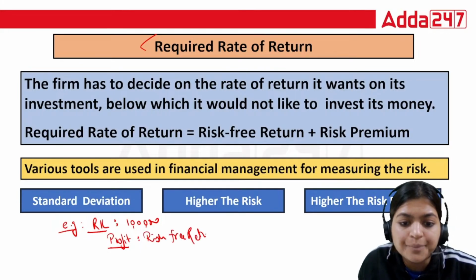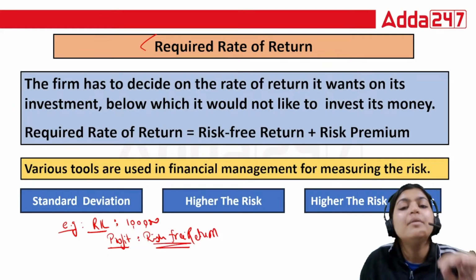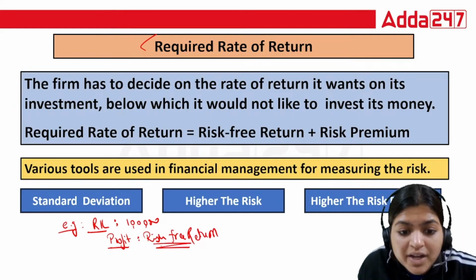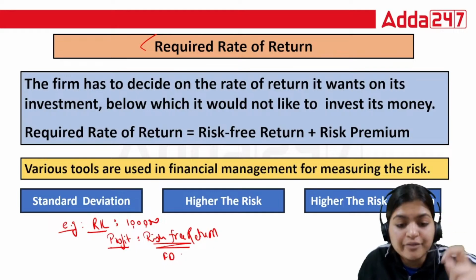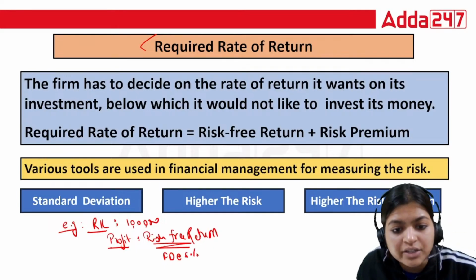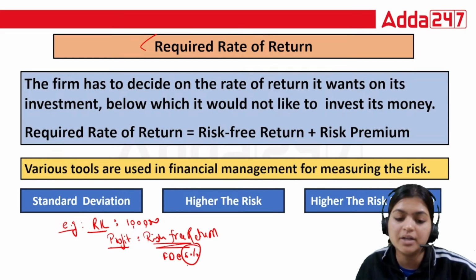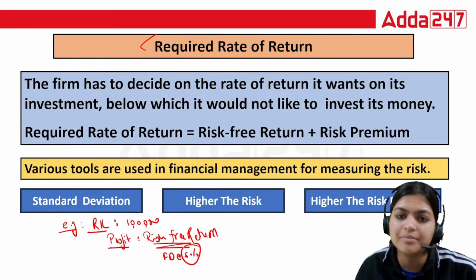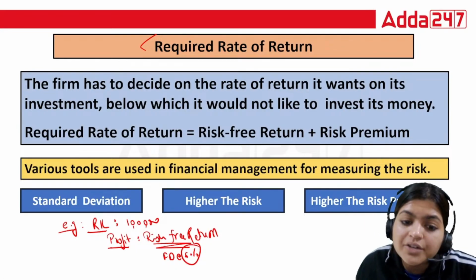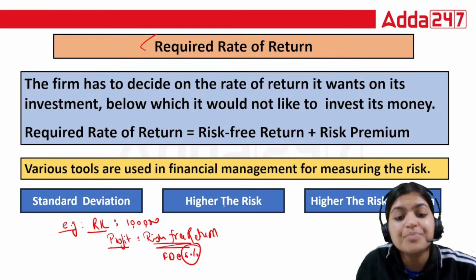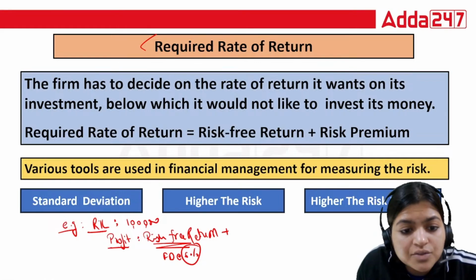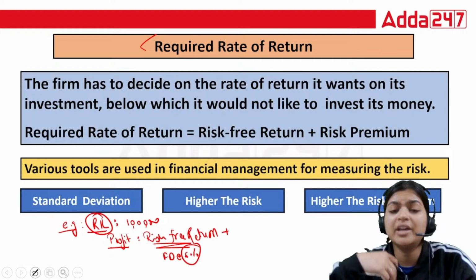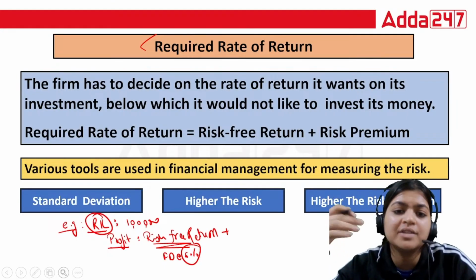Risk free return means what? If I invest this 1 lakh in FDs, I could have received 6% per annum. This is the return I can get. So this is the risk-free return because there is no risk. But as I'm investing in Reliance Industries, there are so many risks: market risk, company risk.